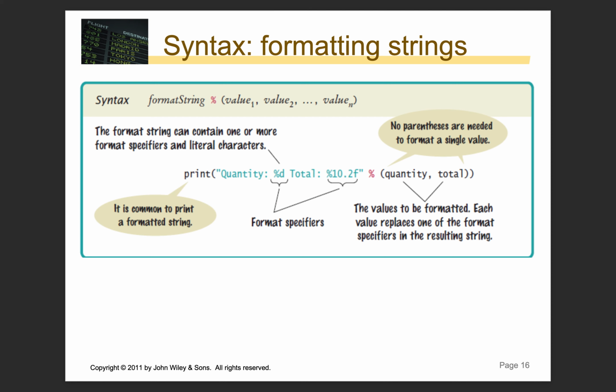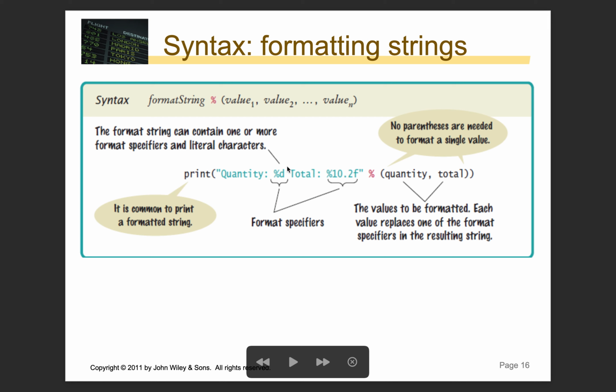We've got this idea of formatting a string with the percent symbol. It's common to print a formatted string rather than an unformatted string. We have format specifiers here, so %d and %10.2f. The format string contains 1 or more format specifiers and literal characters.